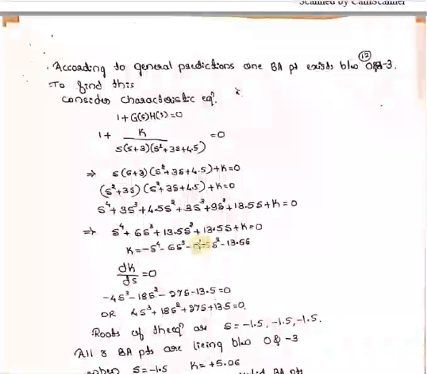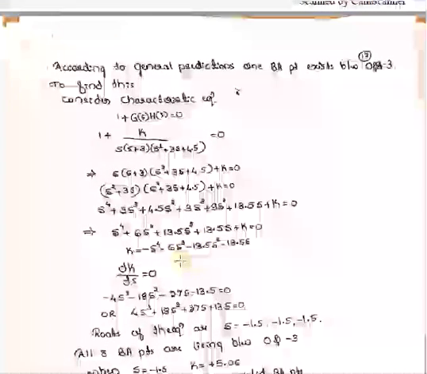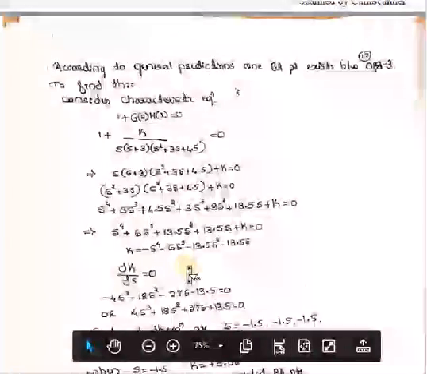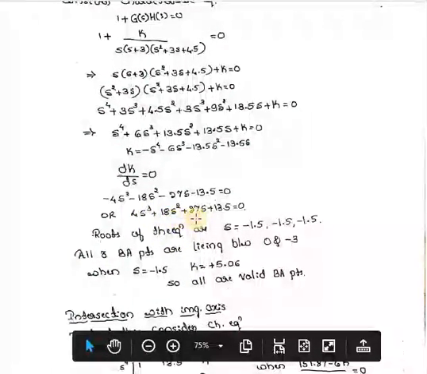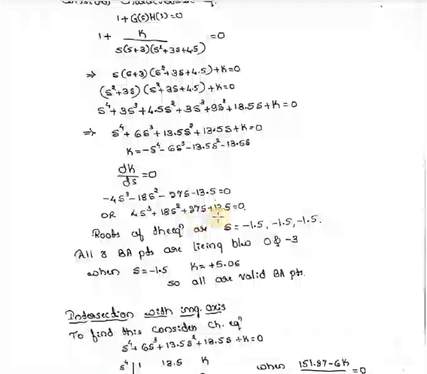Differentiate this equation with respect to s and equate it to 0. You will get 4s cubed plus 18s squared plus 27s plus 13.5 equal to 0.